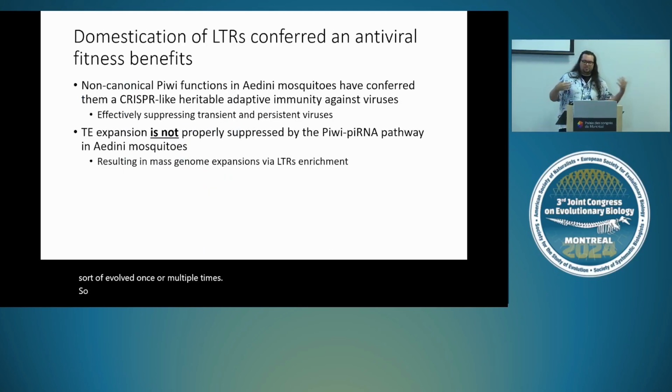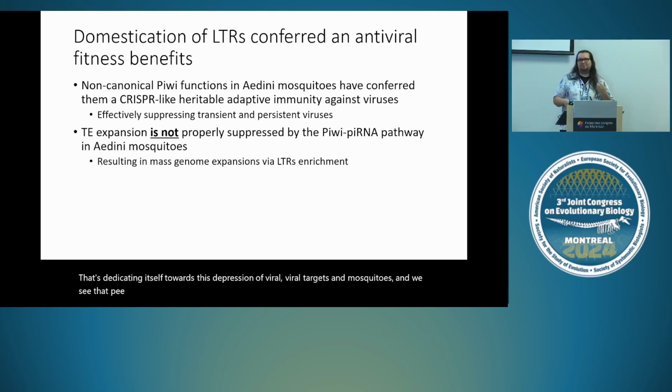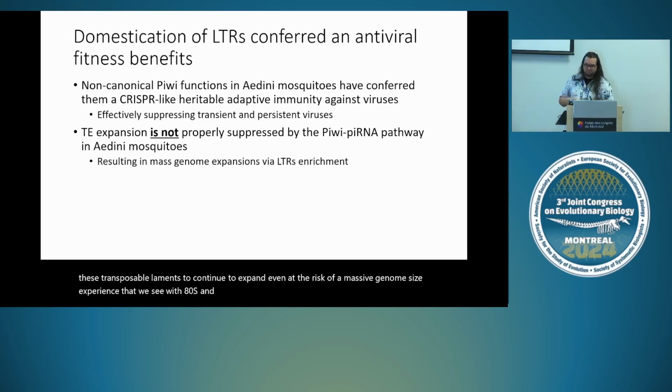So we now have these two points. We have this non-canonical function of Peewee that's dedicating itself towards the suppression of viral targets in mosquitoes, and we see that Peewee is not functioning well for transposable elements. There's something that's allowing these transposable elements to continue to expand, even at the risk of a massive genome size expansion that we see with Aedes and with Armigeres.